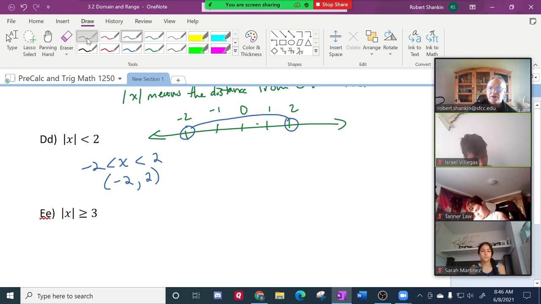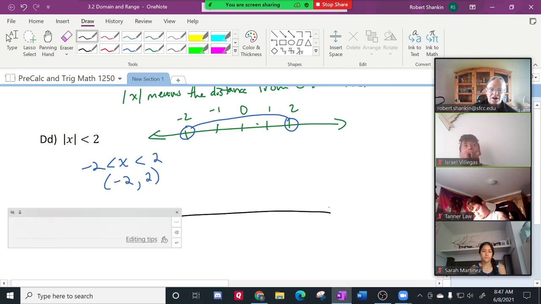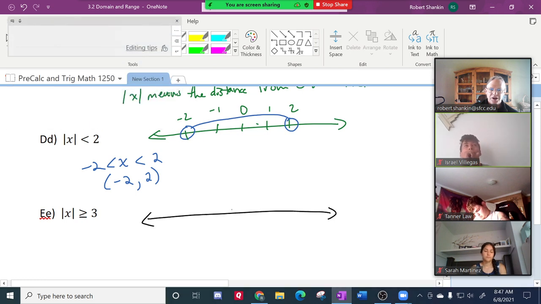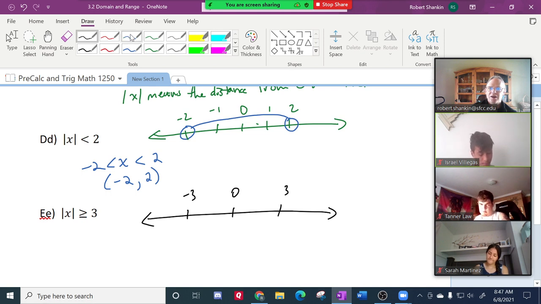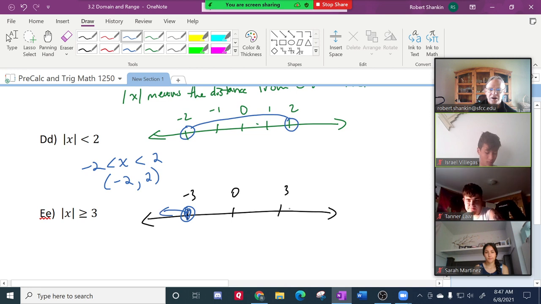Alright, so here we need the distance from 0 on the number line to be larger than or equal to 3. So that's going to be the case if we're way over here, we're way over here.